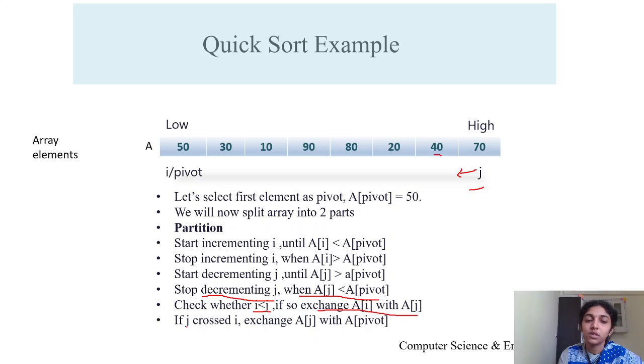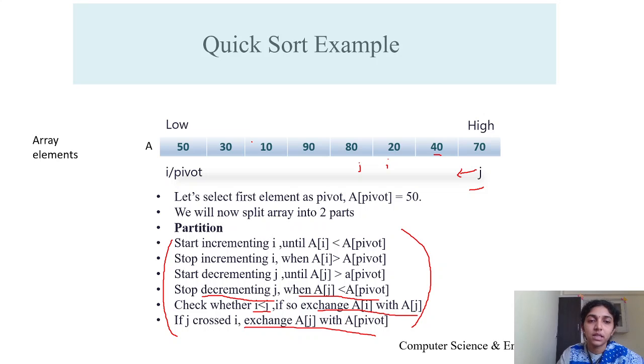And if j has crossed i, that is, it keeps on decrementing as long as the element pointed to by j is greater than pivot, and as soon as it crosses i, then you have to swap the jth element with the pivot element. That is the procedure for the partitioning. This has to be done continuously until the pivot element is located in its proper position.